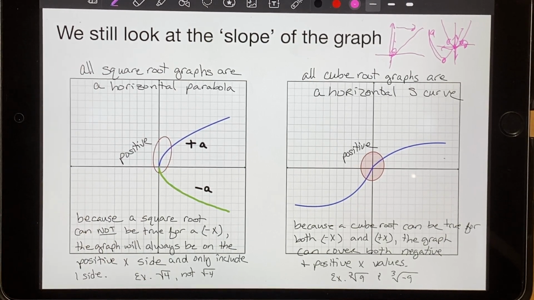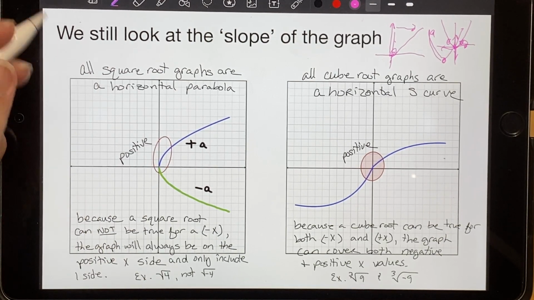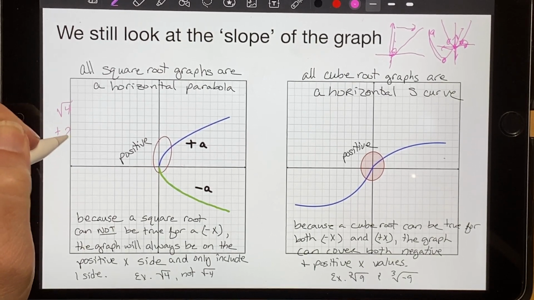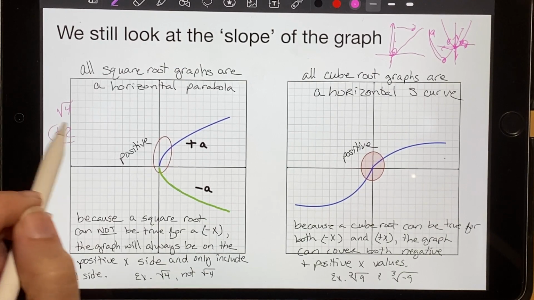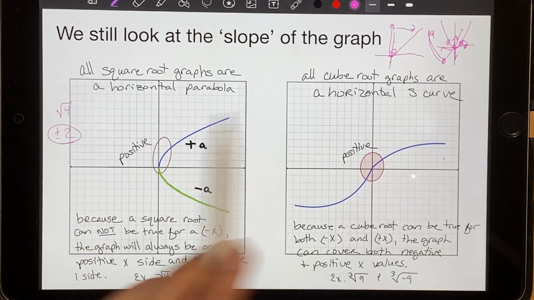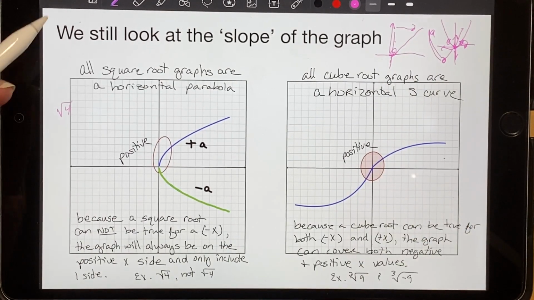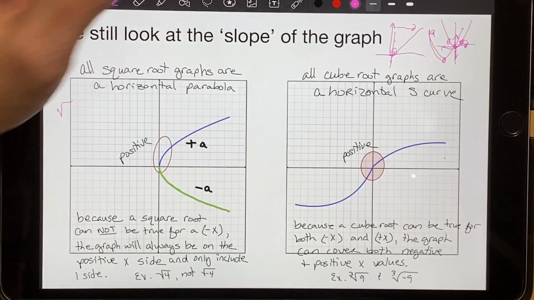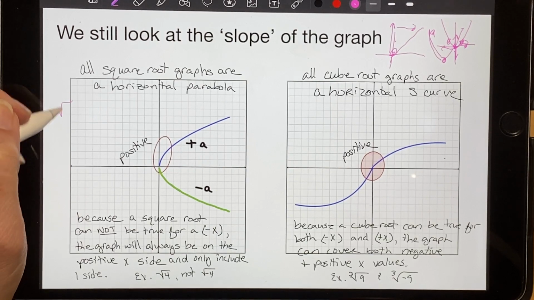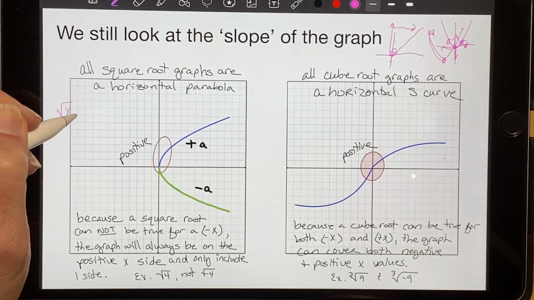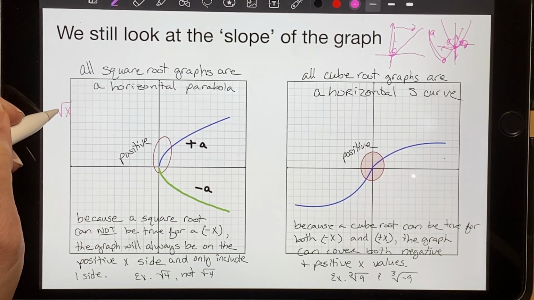So then you kind of say, well, Miss Thomas, when I had maybe the square root of 4, I know that it's plus or minus 2. So why don't I have both values? Okay, because we need to step back and say that in this root, we are doing the square root of x. We are placing in x values underneath this root.